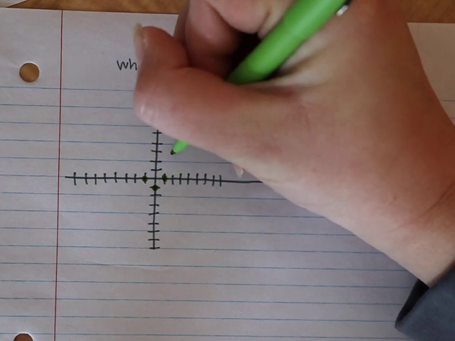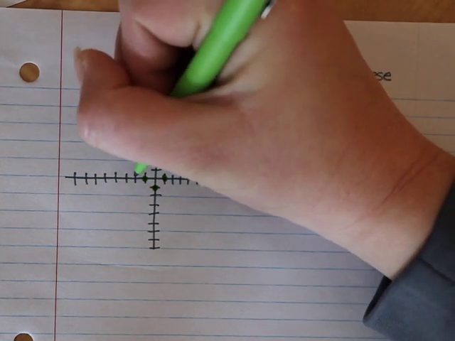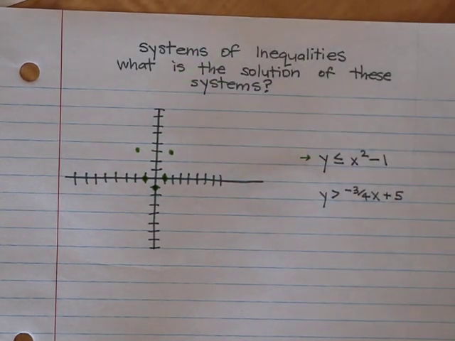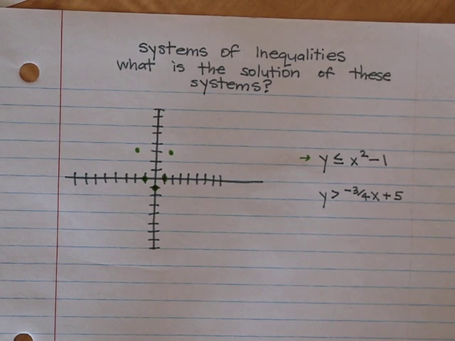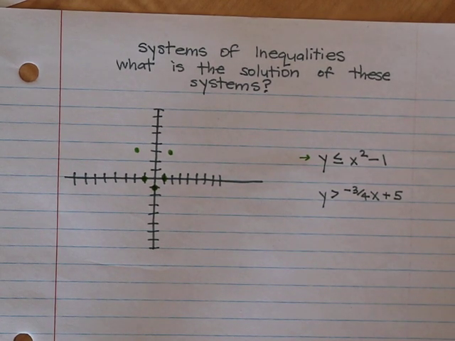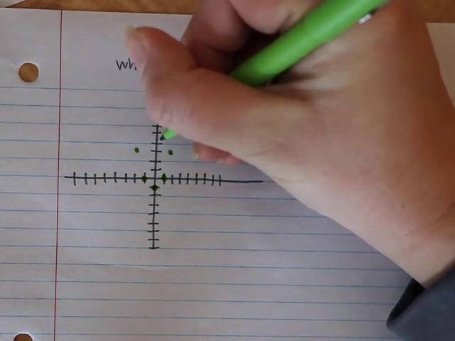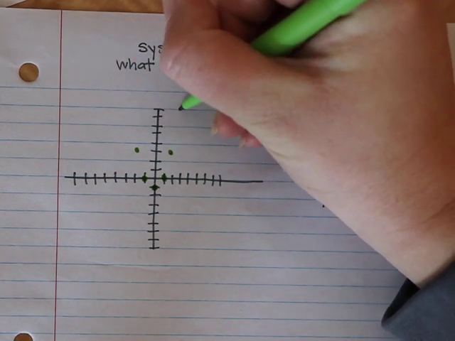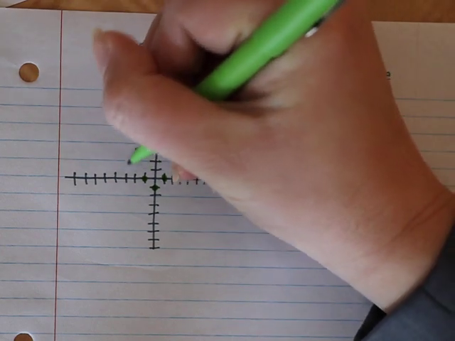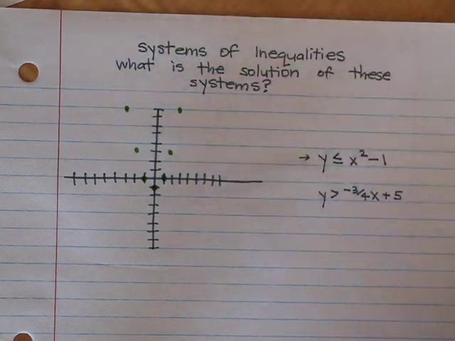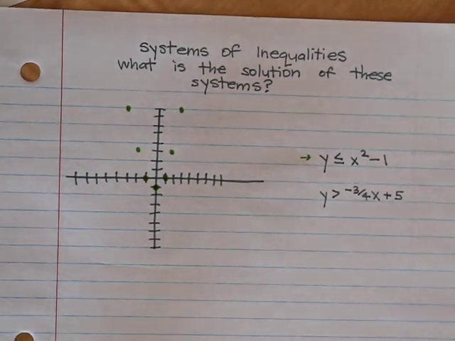So 2, 3. If x is 3, 3 squared is 9, 9 minus 1 is 8, which takes me to the top of my graph. Exciting how well that worked out. And there's my parabola. Obviously you need to connect those.